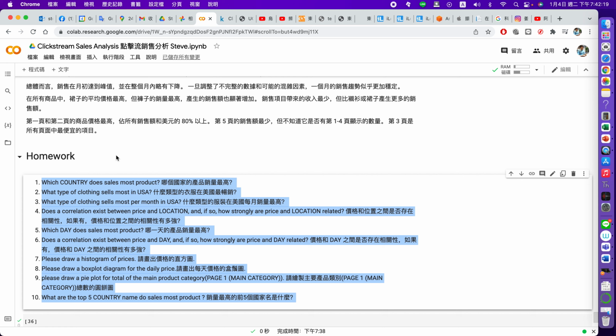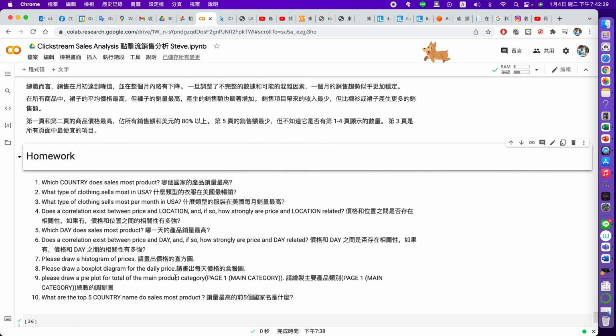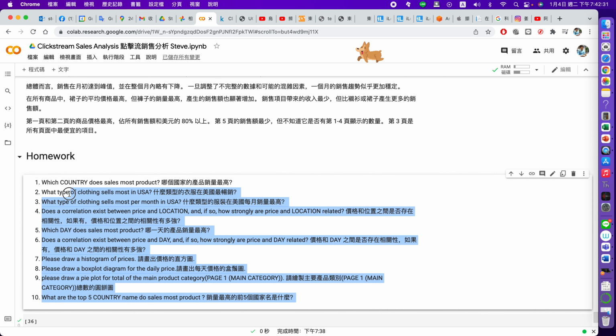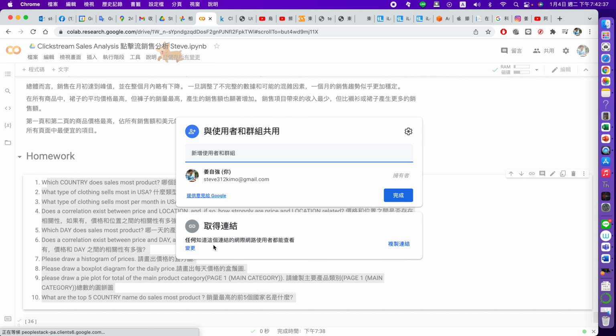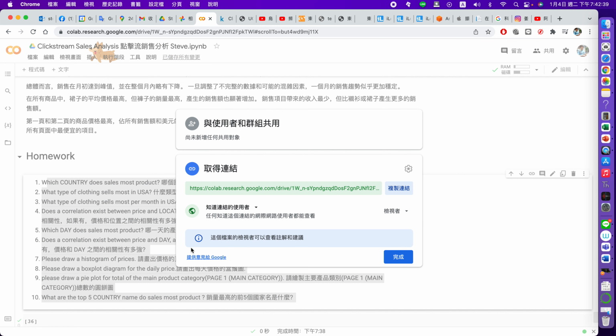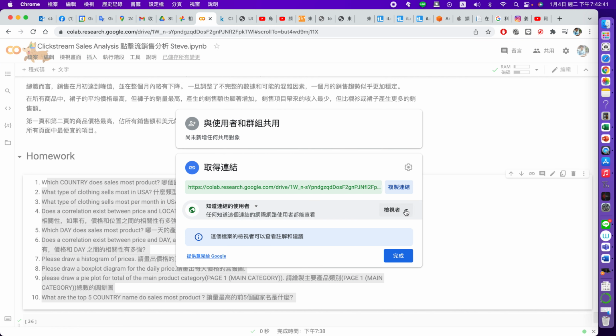And also share your Colab as your homework for the last homework. OK? 所以说呢，请各位把这10题做好。做完之后呢，一样 to share. Don't forget to share. Okay? Share your Colab with us.